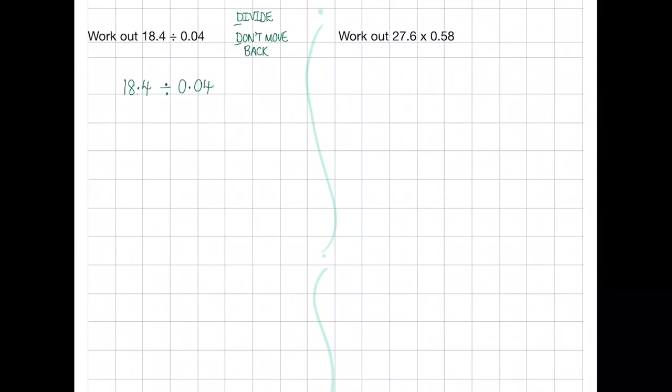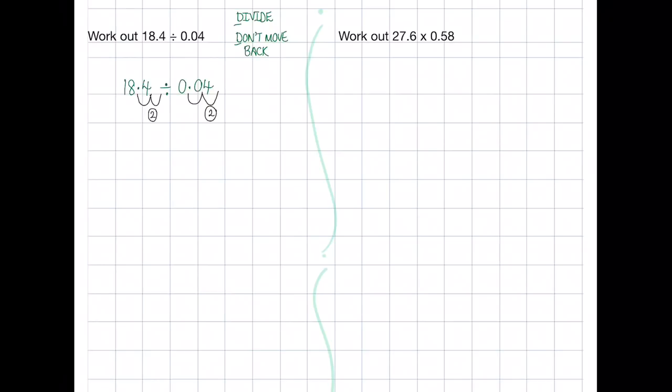Now if I moved this decimal place to the right once, that would turn it into an integer, but then I need to do the same movement here. That would not turn the 0.04 into an integer. So I need to move it twice on the 18.4, and I need to do the same on the 0.04. So I've made two movements here, and I've made two movements here.